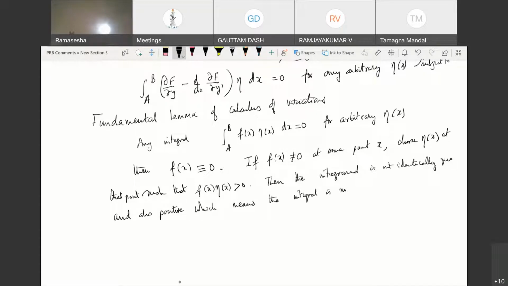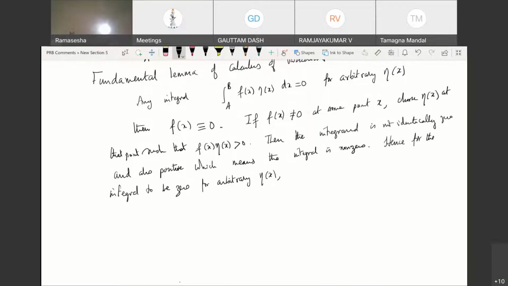So if the integral should be 0, it means that f(x) must be 0. Hence, for the integral to be 0 for arbitrary eta, f(x) must be identically 0.